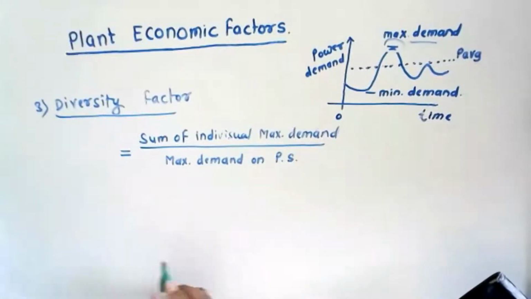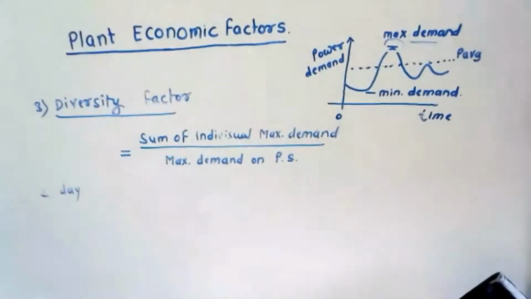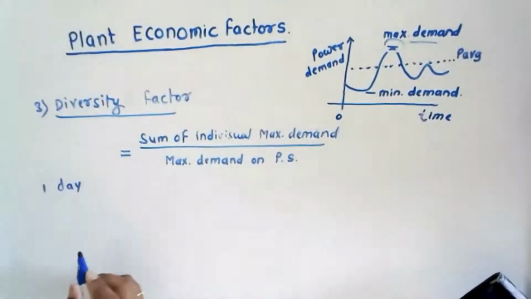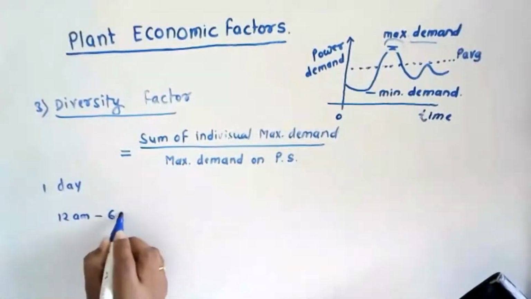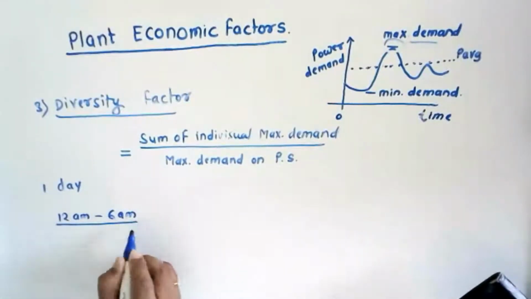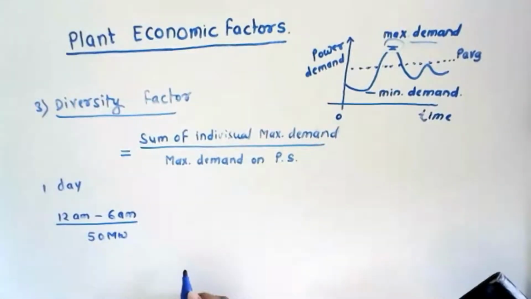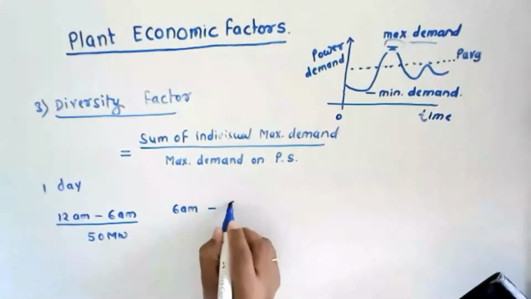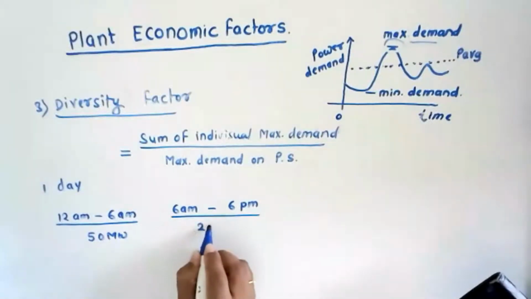Okay. माझ्याकडे एक दिवस आहे. So from रात्रीचे 12 पासून सकाळचे 6 वाजेपर्यंत मी किती लोड कंझ्युम करतोय? 50 megawatt. Okay. Then from morning 6 AM to evening 6 PM I am going to use 200 megawatt.